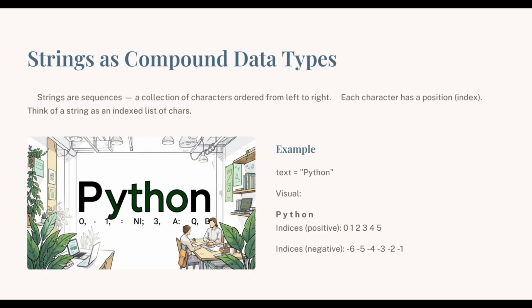So if we write text minus 1 in square brackets, it will return us n. This is useful when we want to access characters from the end. So in negative indexing, we start from the end. It will be minus 1, minus 2, minus 3, minus 4, minus 5, minus 6. So this is negative indexing.